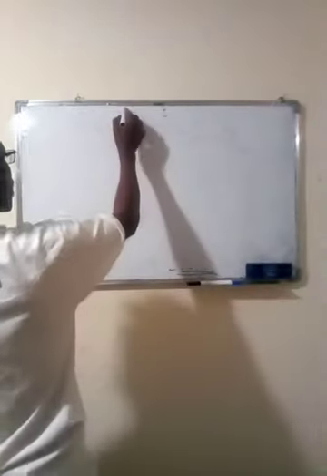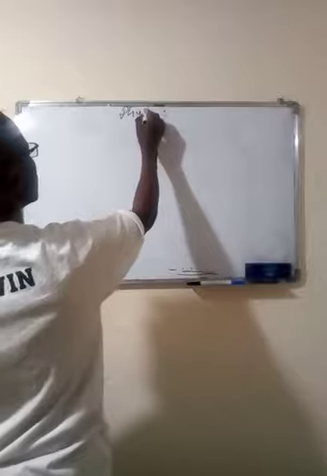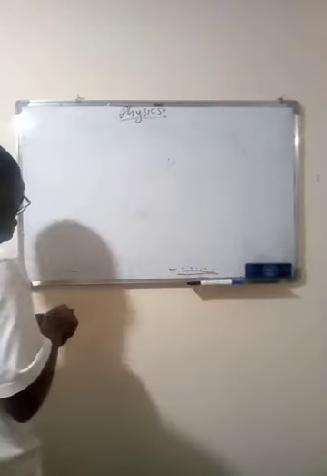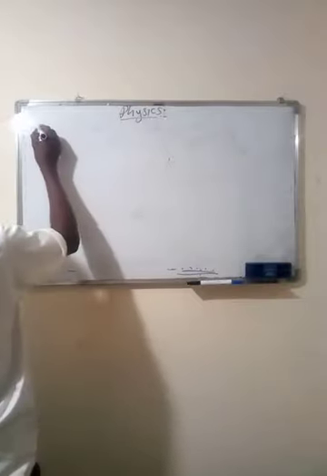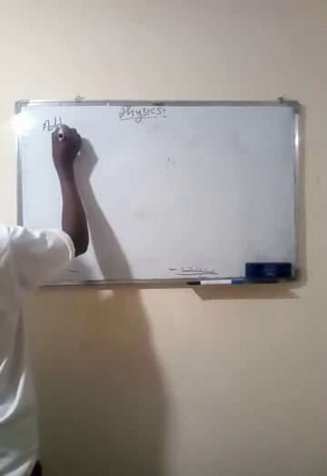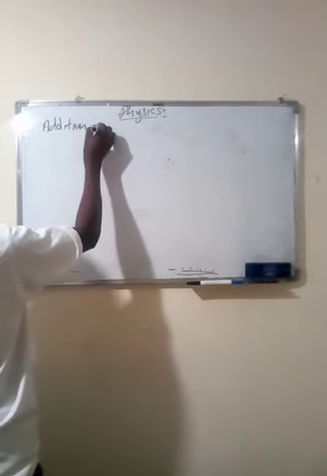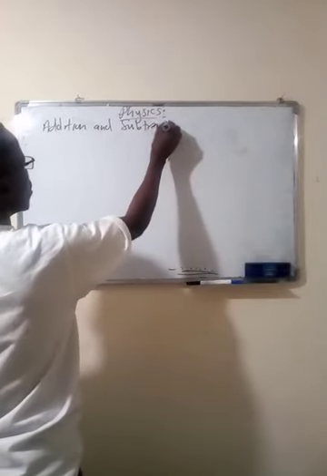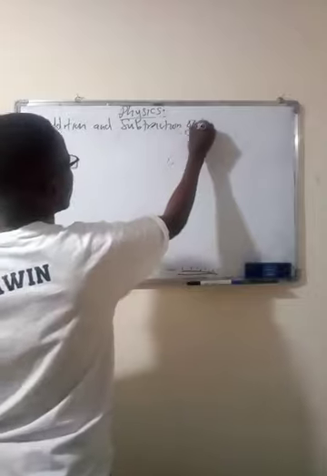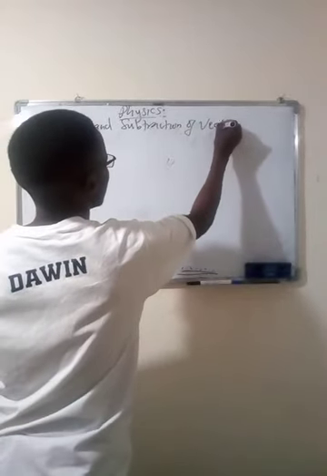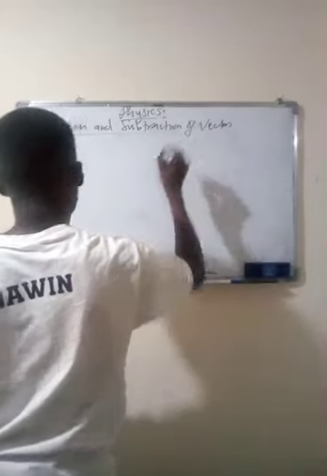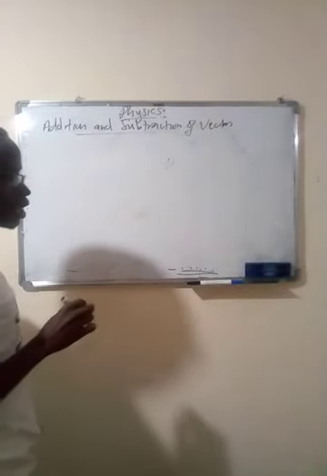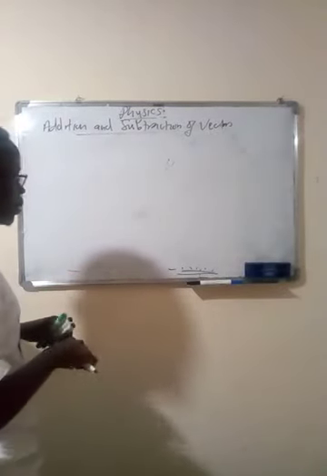So we have in physics, like I said, we started looking at addition and subtraction of vectors. Addition and subtraction of what? Vectors. We said that when we're looking at addition and subtraction of vectors, we're going to look at it in two ways.